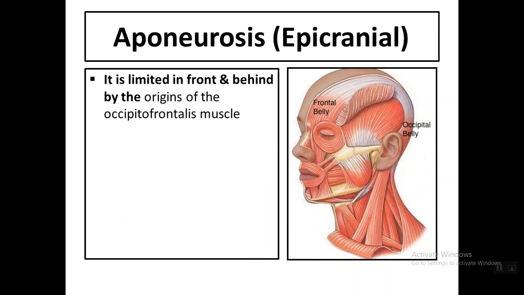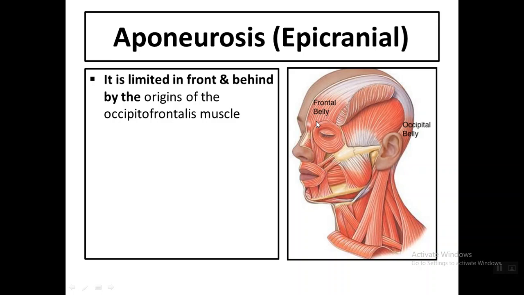هنا قاعد نشوف انه how the frontal belly and the occipital belly are attached to this aponeurosis. راح تكون هاي اللاير هي هاي aponeurosis or the epicranial layer is limited in front and behind by the origin of occipitofrontalis. هذه هي بداية الفرونتال belly of occipitofrontalis، وهذه هي بداية occipital belly of occipitofrontalis. فلذلك راح تحد هذه هي الطبقة اللي هي aponeurosis.